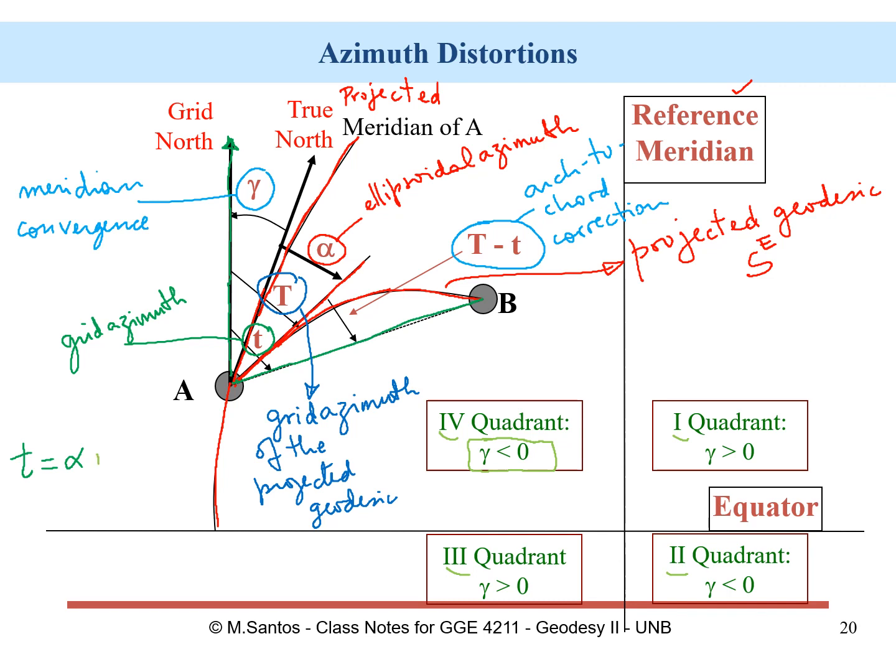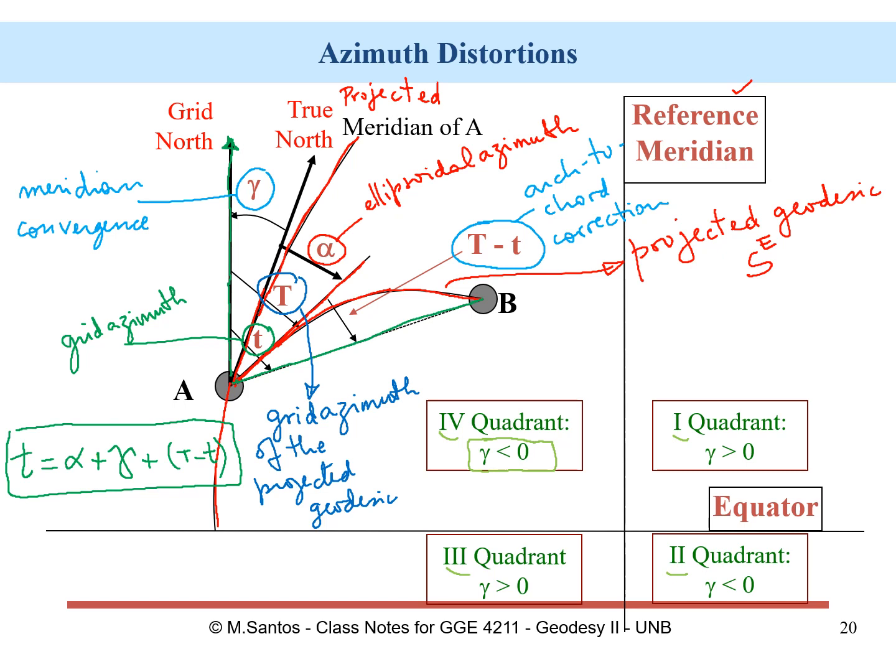So for t, grid azimuth equals alpha, plus gamma, plus T minus t. Okay, so we are getting this figure here geometrically.